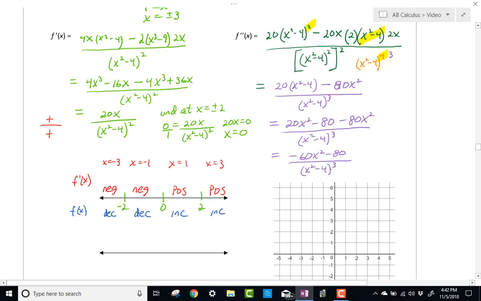Okay. So I'm definitely running out of room on this one, so I apologize if you're a little squeezed in here. I'm going to actually have to do some of this work off to the side.